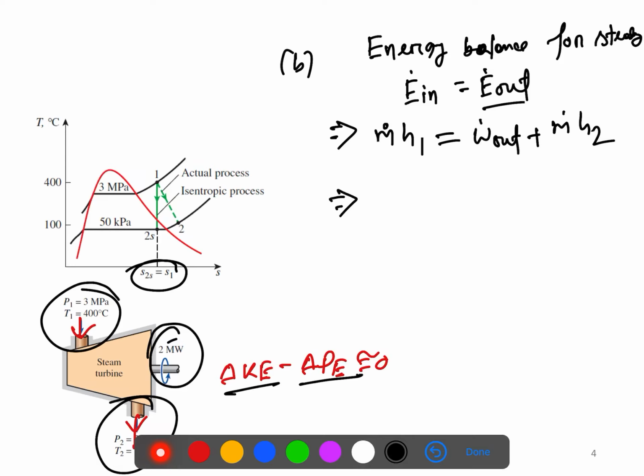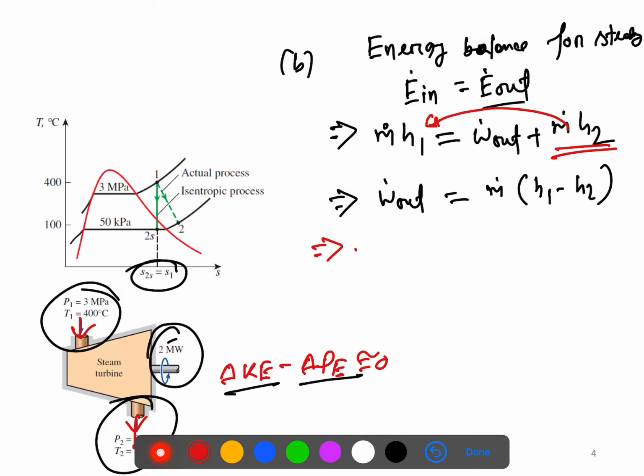So we can say that the work output equals m dot (h1 minus h2). We just put this term on the left hand side, so it should be m dot (h1 minus h2). You know this calculation, it is pretty straightforward. This value is 2 megawatt. We will convert it into kilojoule per second. We know 1 megawatt equals 1000 kilojoule per second.